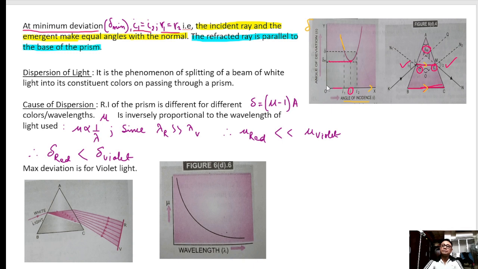After that, if you increase the angle of incidence, the angle of deviation also increases.